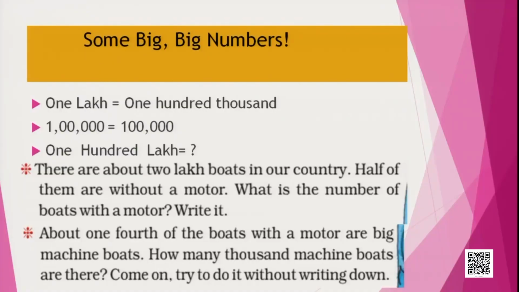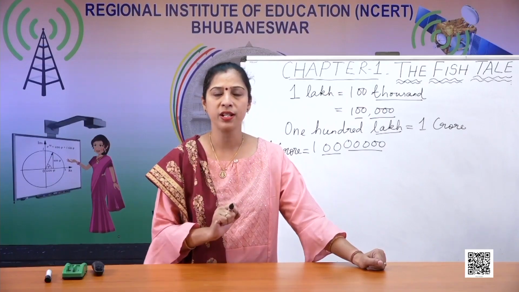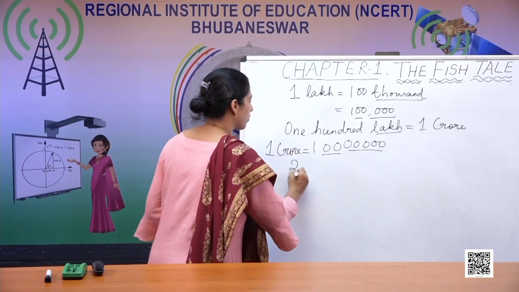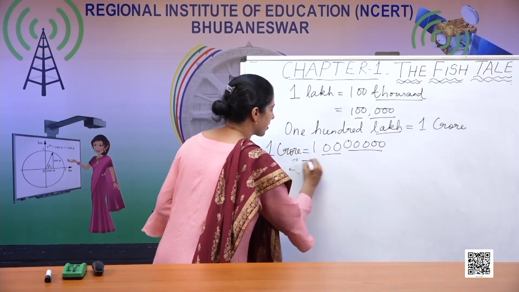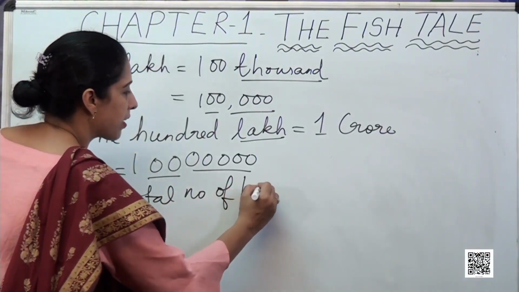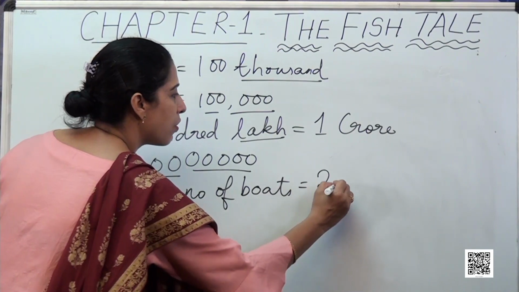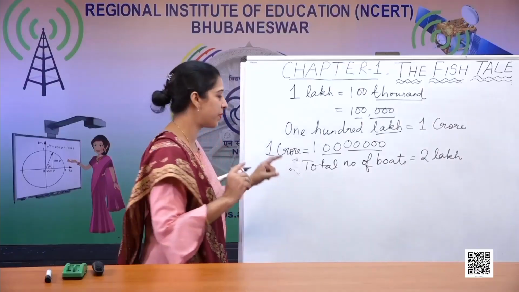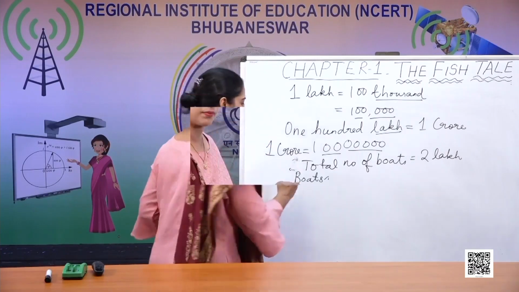Now let's find out how many boats are without a motor. Half of the boats are without a motor. The total number of boats in our country is 2 lakh, so exactly half of them do not have a motor.